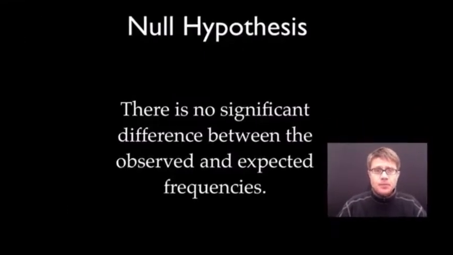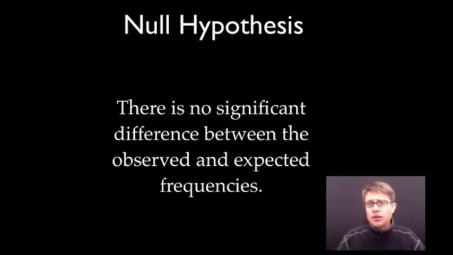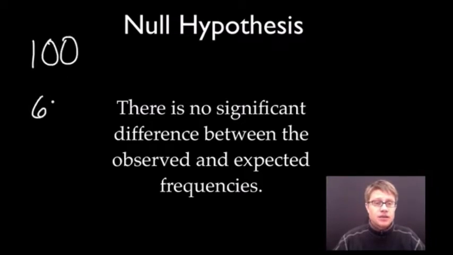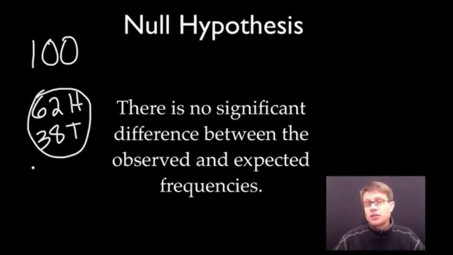And so what I'm thinking in my head is something called a null hypothesis. If we're flipping a coin 100 times, and I said 62 heads and 38 tails, well, that would be the observed value that we get in an experiment. But there'd also be expected values, because you know that it should be 50 heads and 50 tails.